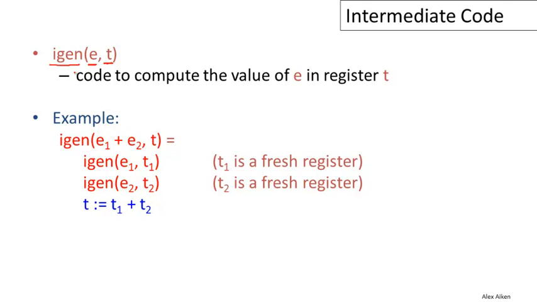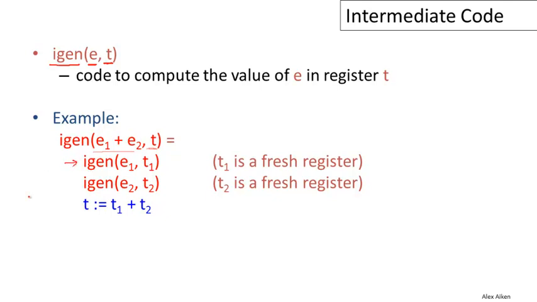And to give you just one example, and this is the only example that I'll do, let's take a look at generating intermediate code for a plus expression. So I want to generate code for E1 plus E2, and I want the result of that to be stored in the register T. Okay, so the first thing I'm going to do is generate code for the sub-expressions, and I need some place to store the results of the sub-expressions, so I'm just going to make up new register names for those results.